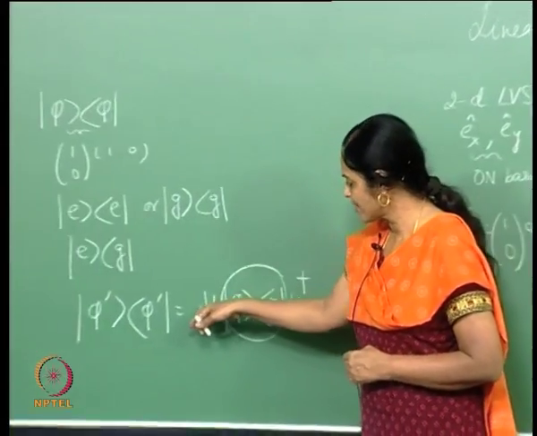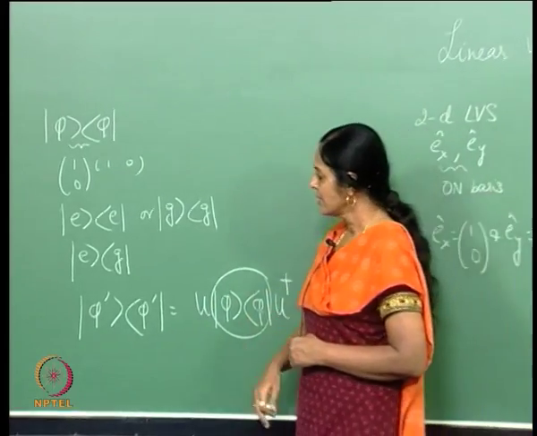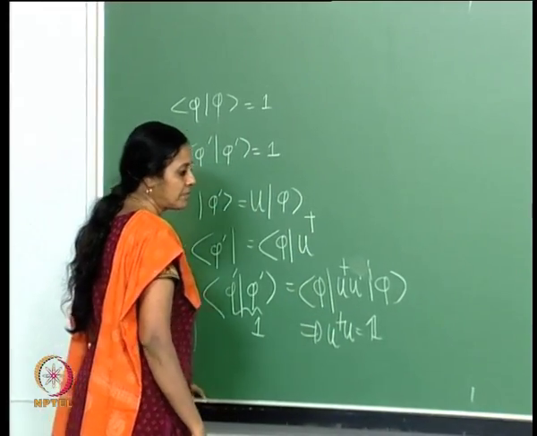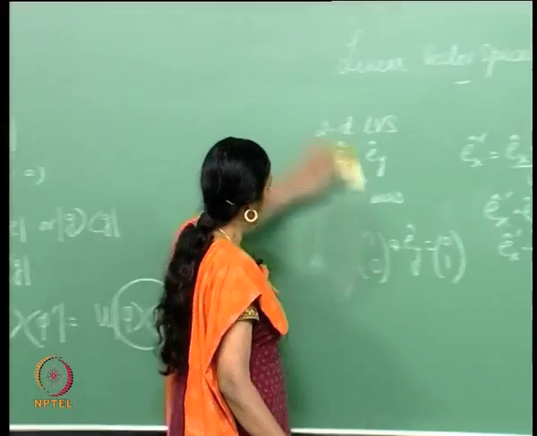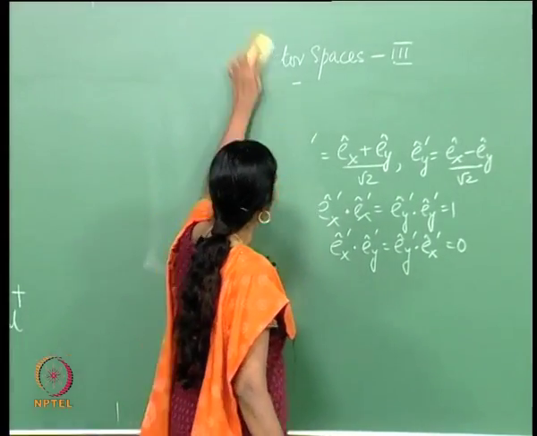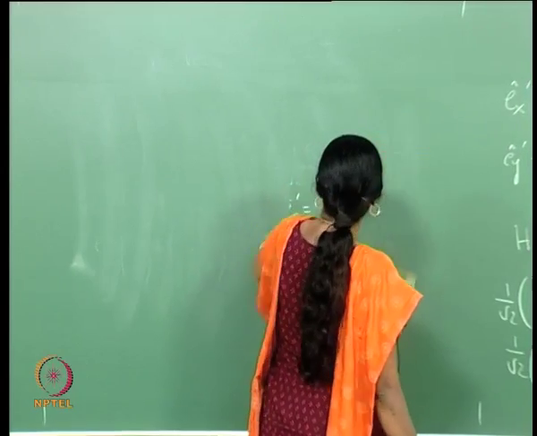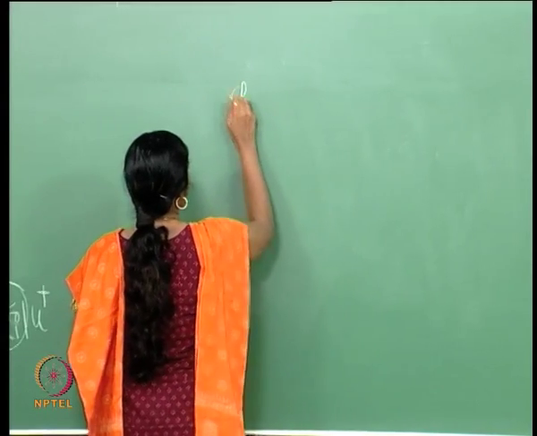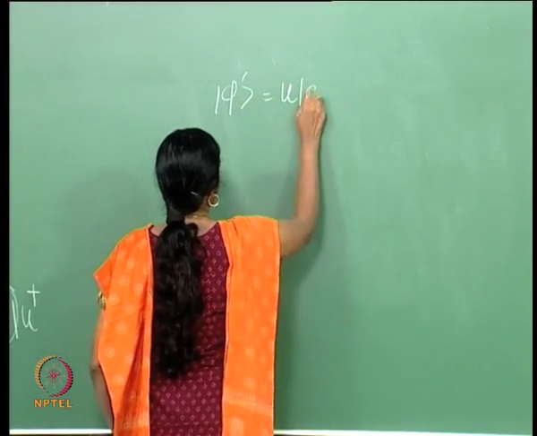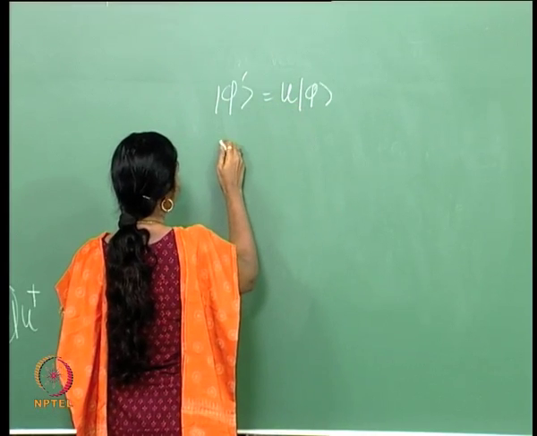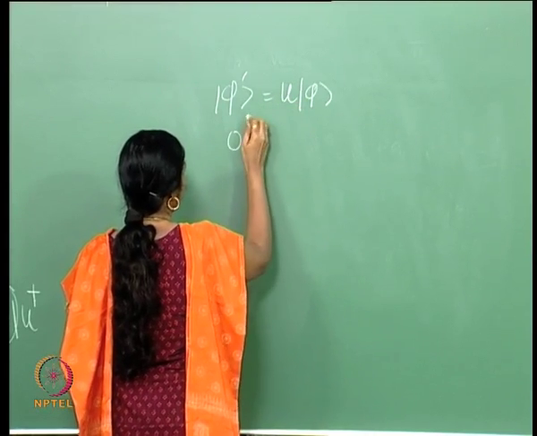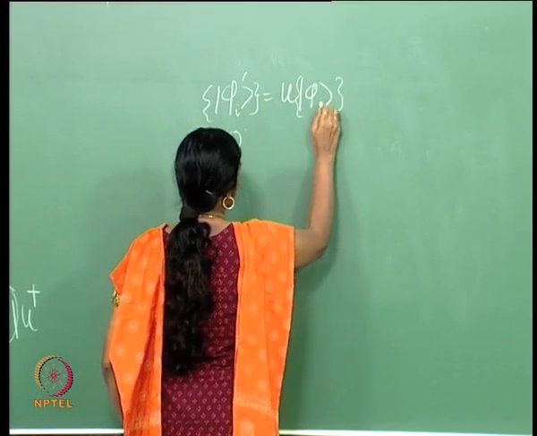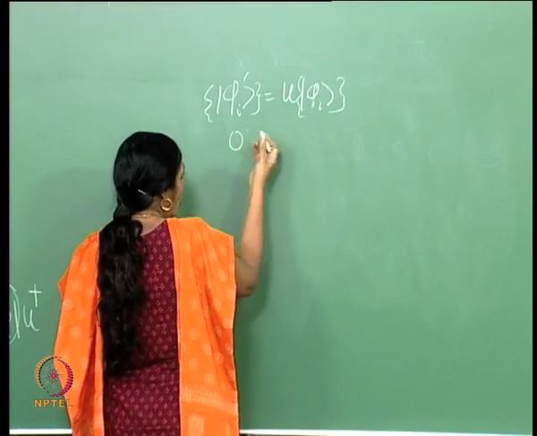You flank the operator with U on this side and U dagger on that. The basis states themselves have transformed in this fashion. So, a change of basis is implemented through a unitary transformation, and such a change of basis has preserved the orthonormality properties. In general, for any basis state, phi prime is U phi. This is true for all the basis states that are involved, and it is for all operators.